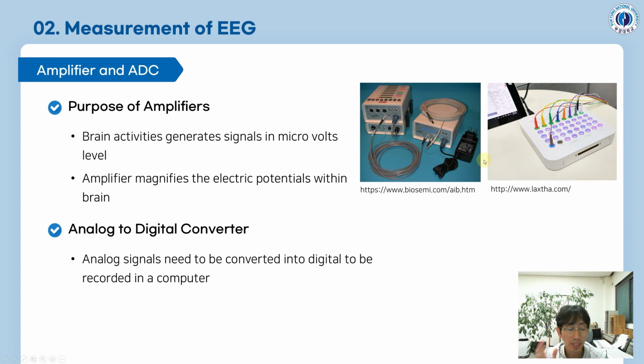I say these are amplifiers because our body and brain signals are so small, and we need the amplifier to magnify them. The recorded signal is actually analog at first, and to process it in a computer, you will probably need a digital converter.